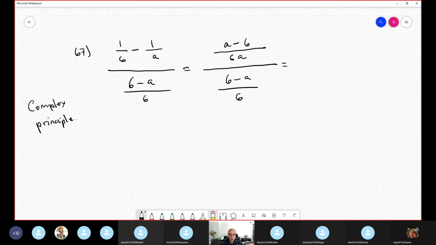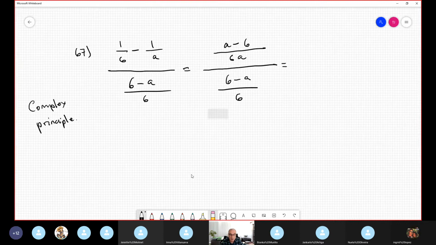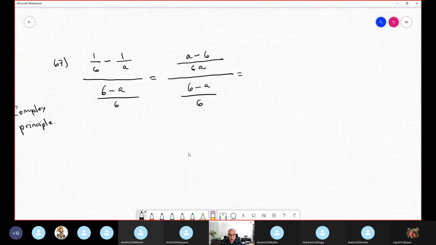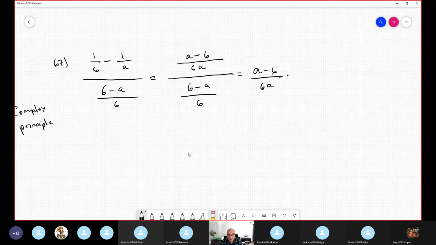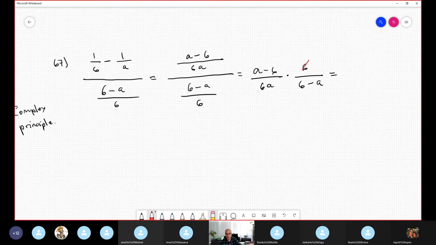Now ready to apply the complex principle. I copy the first exactly the same, times, flip it, 6 over 6 minus 8. Okay, what is cancelled and what stays? 6 at least is cancelled, yes or no?